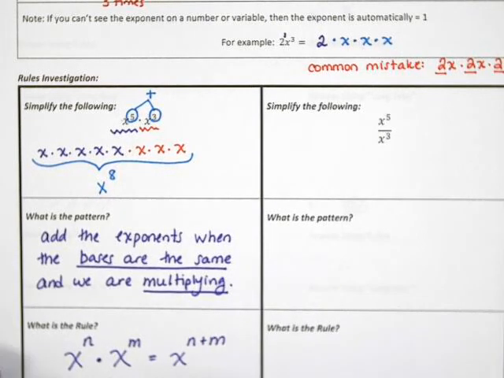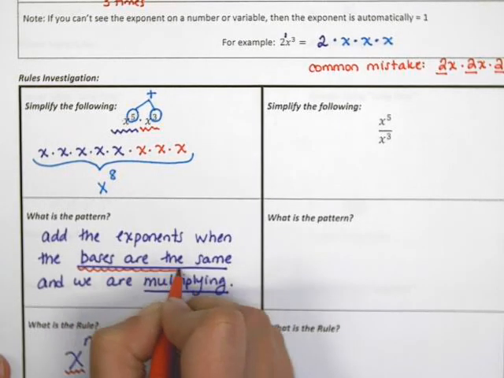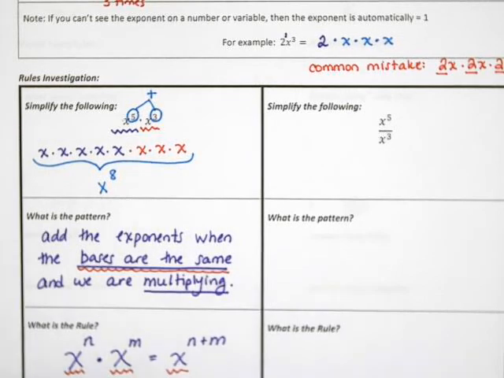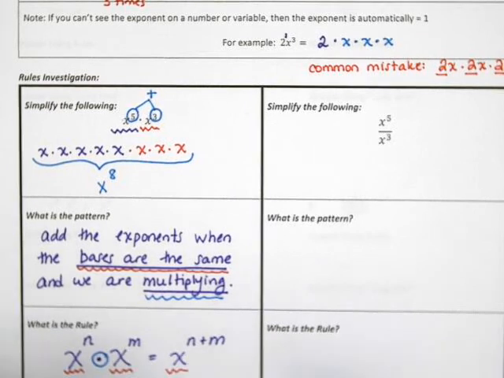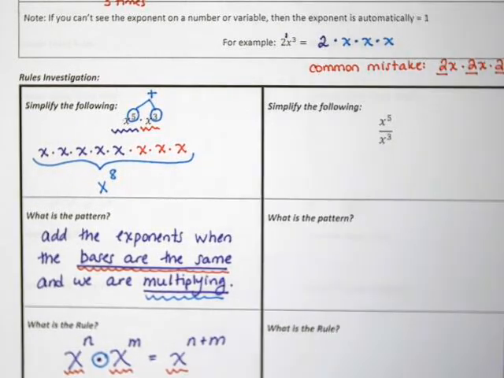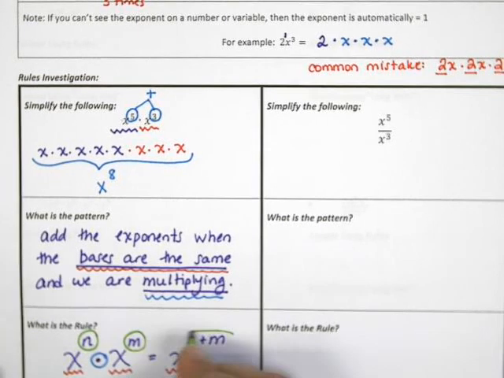So basically, if the bases are the same, and we have a multiplication problem, then we just take the exponents, the n and the m, and we add them together.